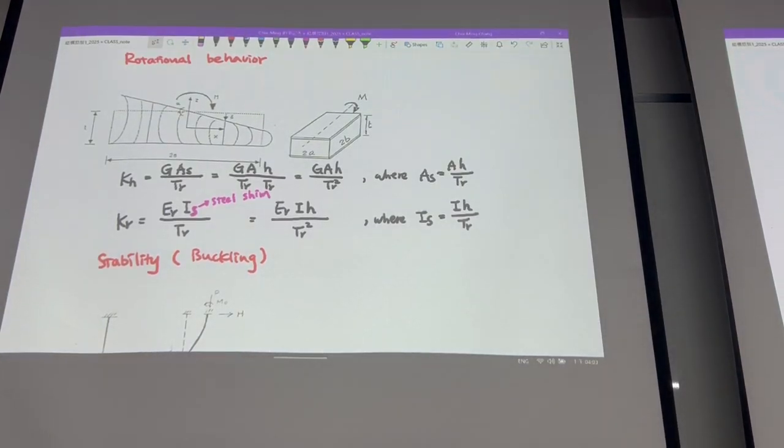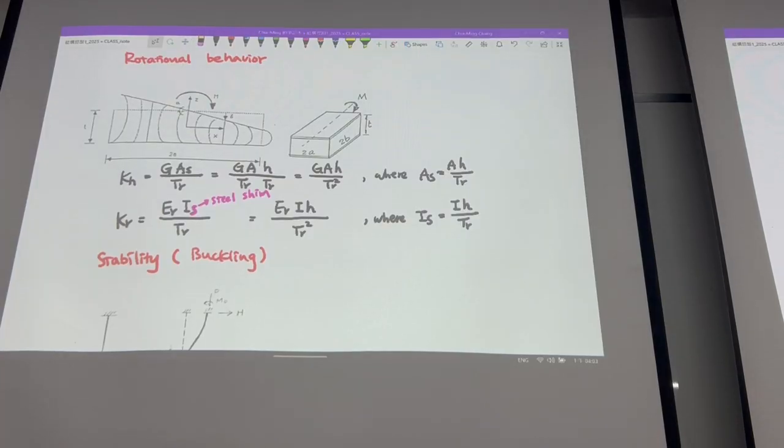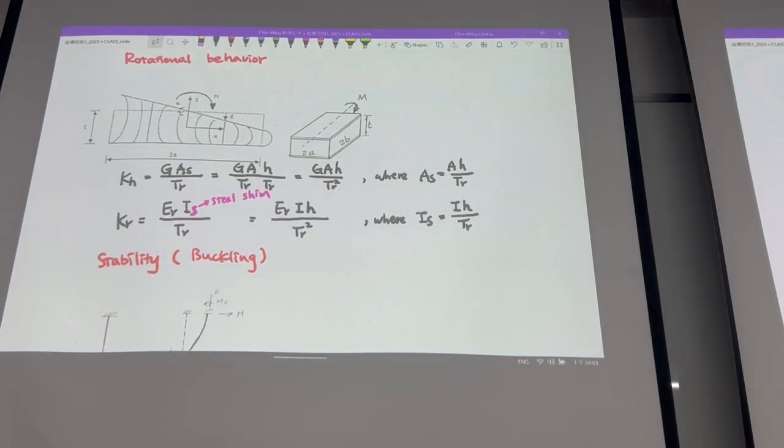For design, because when you design a building top, probably you won't directly consider the local behavior in the moment. Only the actual force will be transferred from top to the lower floors.